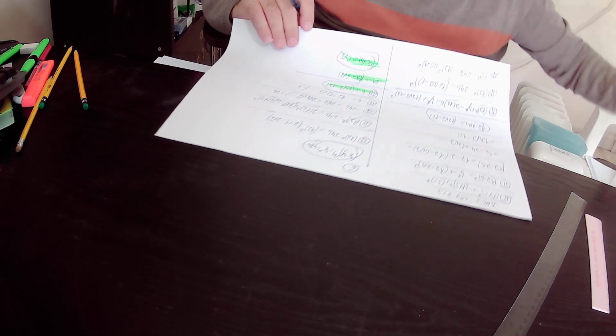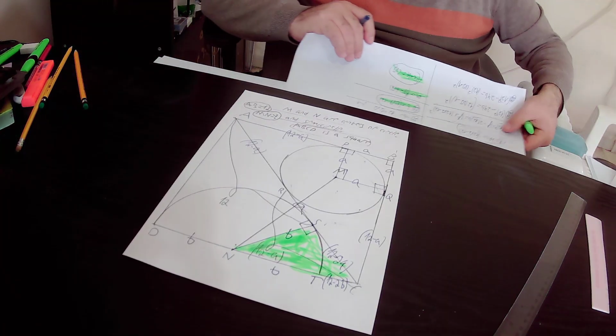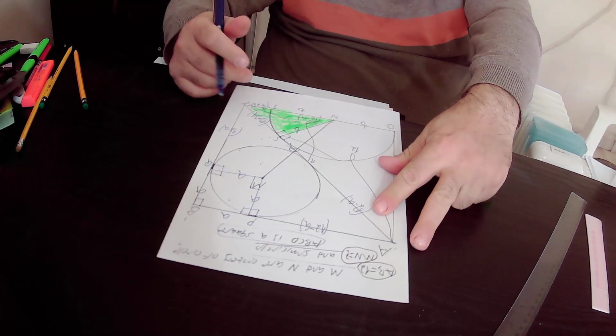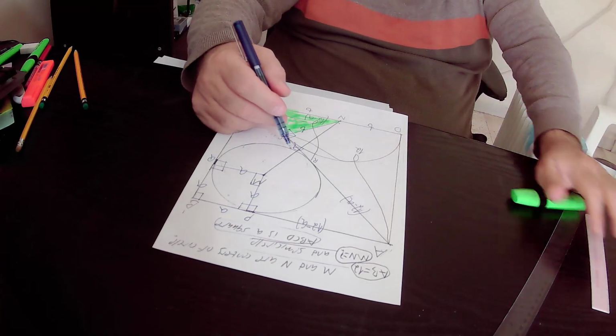So here, in the next step, we will join points M and R together by a straight line.